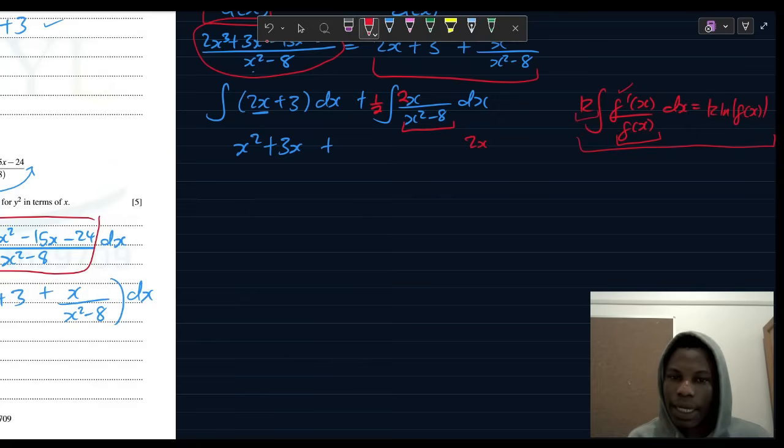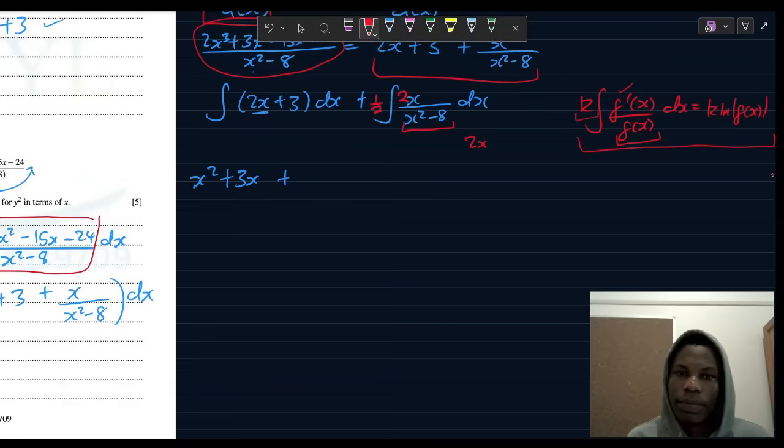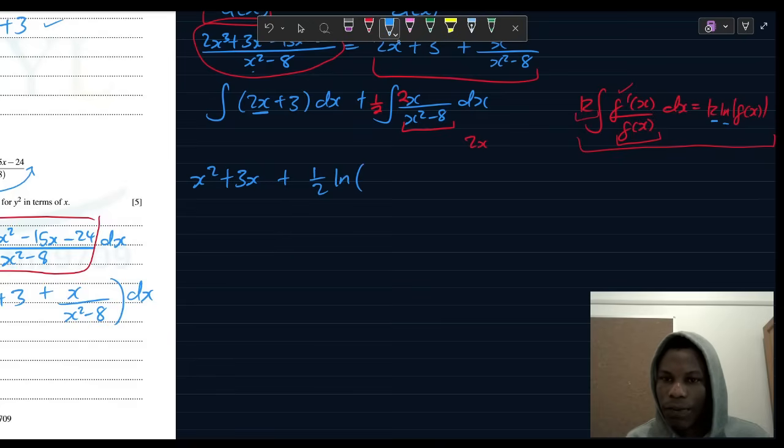And so we can say that this becomes, we just drop that there, this becomes half, which is our k, ln of our f of x, which is the denominator, x squared minus 8.